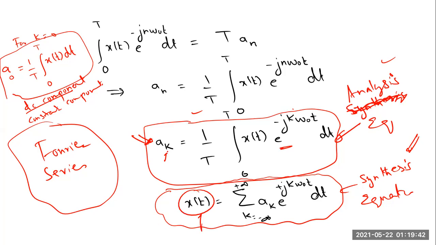And for any other value of k, if you use this equation for k equal to 1 and then solve this integral, you will get the first harmonic component. So when you calculate ak, these numbers will tell you what different components make up this signal. The value of the Fourier series coefficient will tell you the portion of different frequency components that are present in the signal.